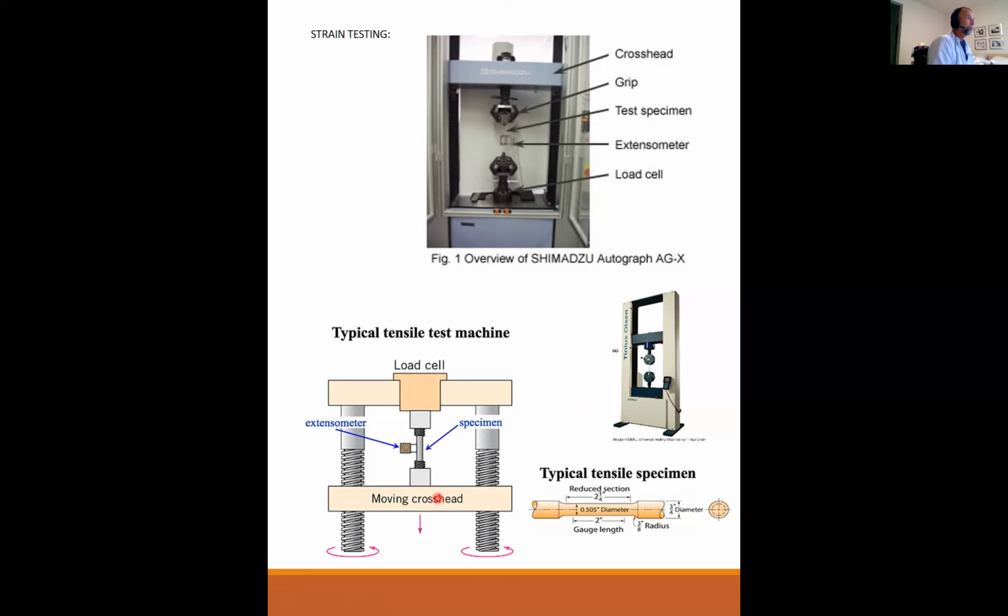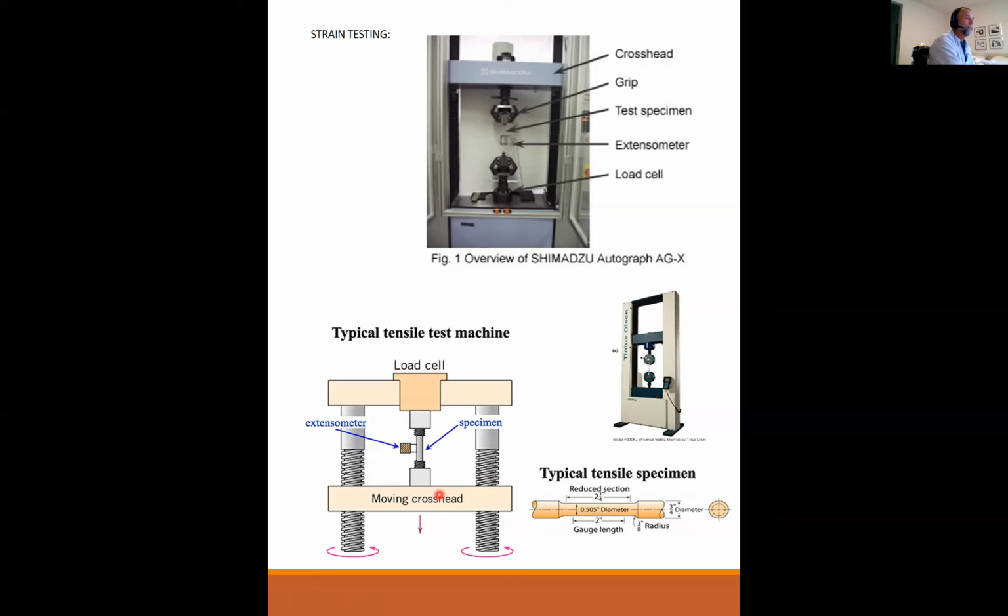And it's not so much that it pulls down with a certain force, it's that it's being moved a certain distance. It's actually just being pushed down by these giant corkscrews, like so many millimeters per minute. And whatever load it takes to do that is whatever load it takes.